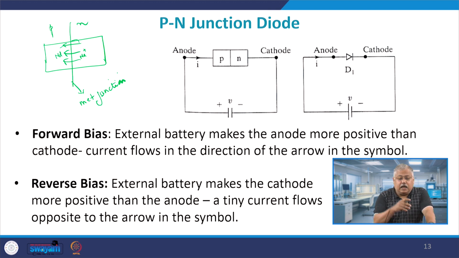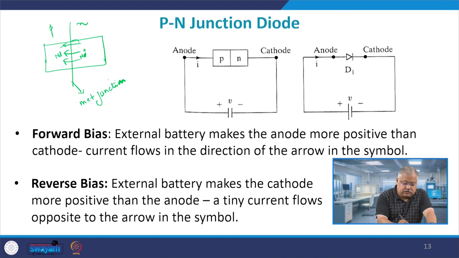After some time, once you join these P and N regions through a metallurgical junction, electrons move by diffusion from the N side to the P side, thereby leaving positive charges.